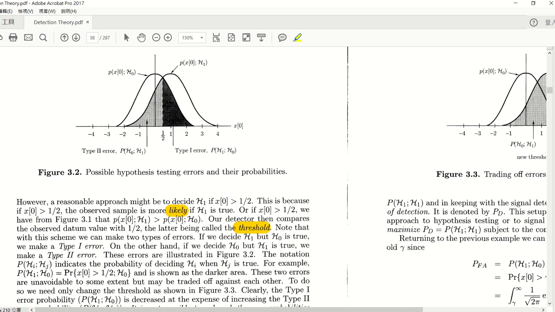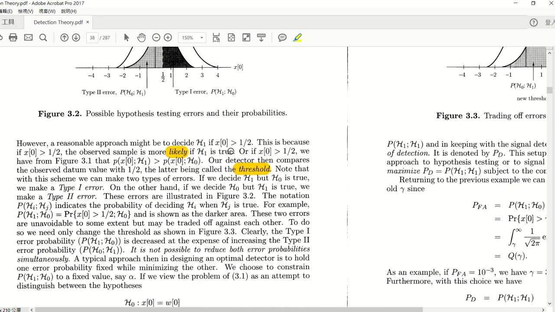And that type of mistake, we call a type 1 error, which means that we decide H1, but in fact H0 is the correct ground truth. The other way around, if we decide H0 but H1 is true, we make a type 2 error.